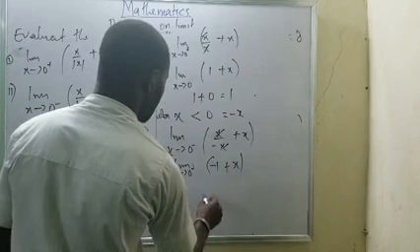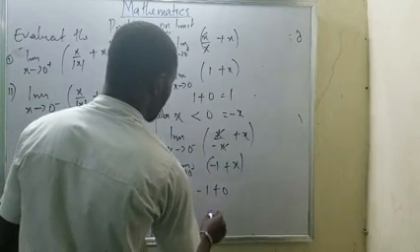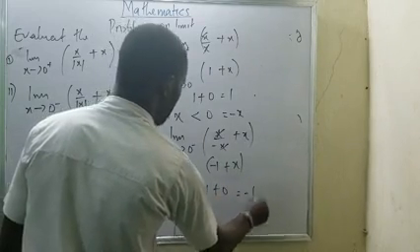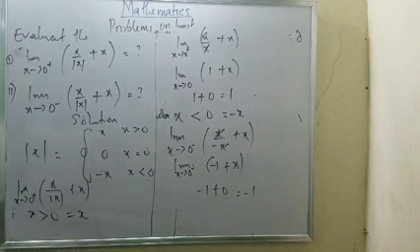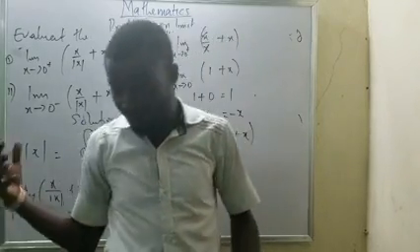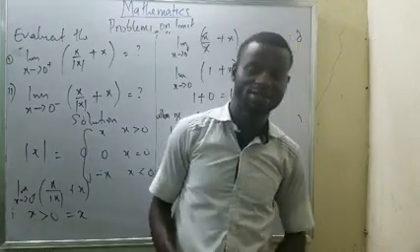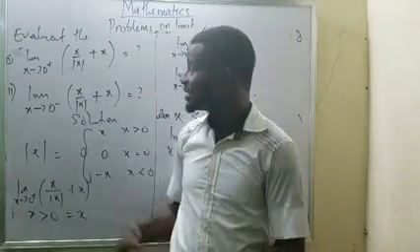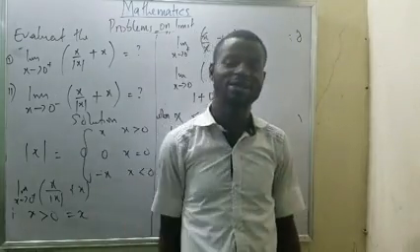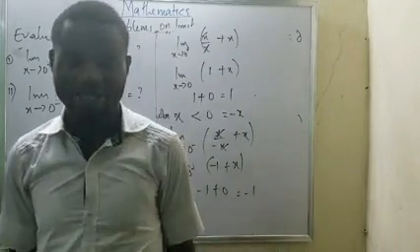Now I will have minus 1 plus 0, which is equal to minus 1. That's all we need there. For example, minus 1 and plus 1. With this, I've explained left and right limits with the first example and second example. Okay, thanks for watching.